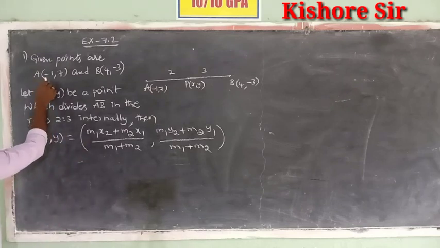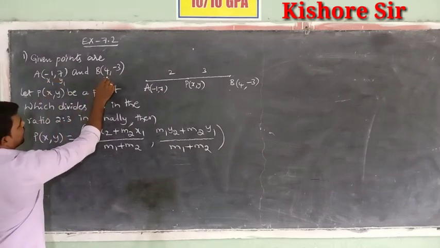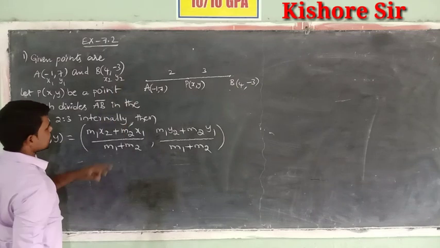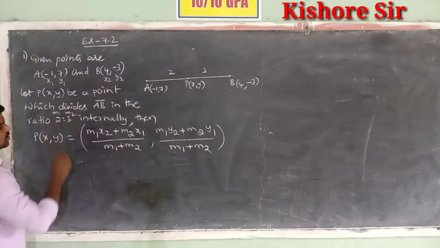First point A is x1 y1, second point B is x2 y2, and the ratio 2:3. The m1 value is 2 and the m2 value is 3. Substitute here.